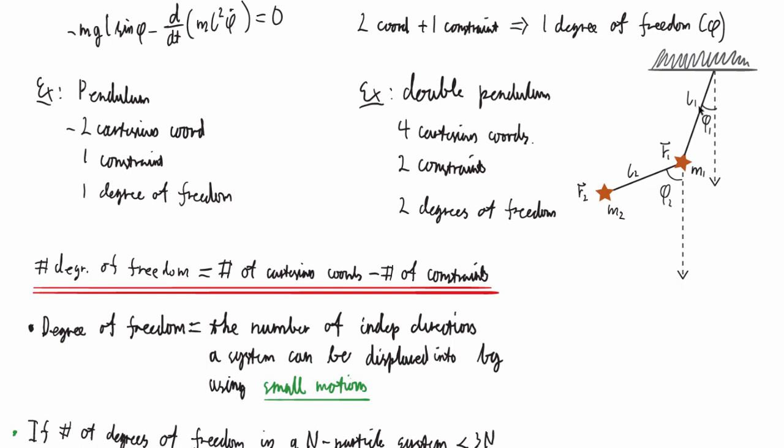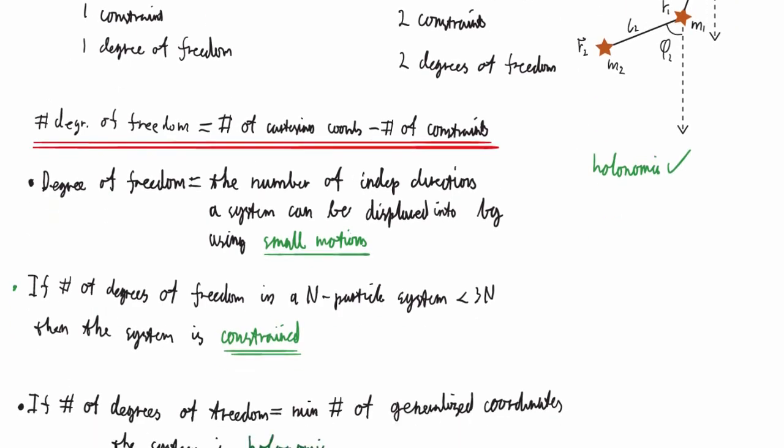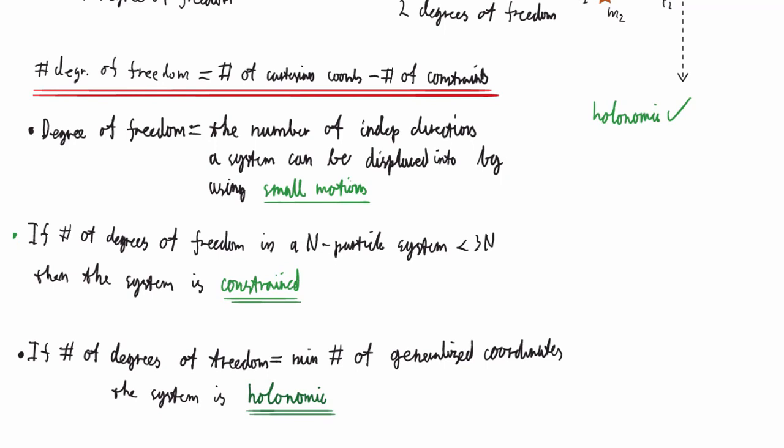But we can describe the system completely also with only 2 variables here, phi1 and phi2. So this is a holonomic system. So that's fine. We will be able to solve this particular problem with a double pendulum.